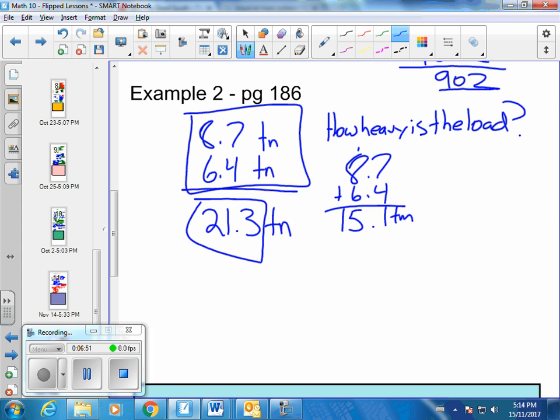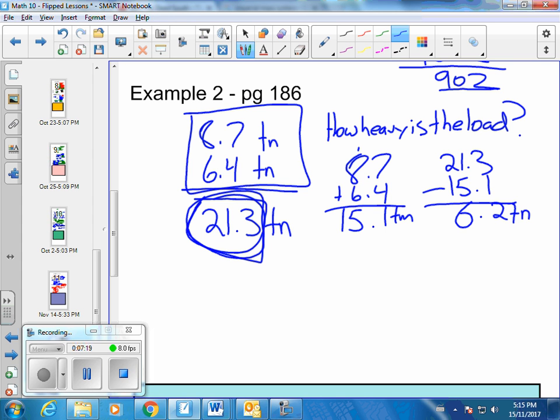Now they told me that after the truck was all loaded up, it's 21.3, so I'm going to go ahead and go 21.3 minus 15.1. I get 6.2 tons if I did my quick math right there. So I know that the load is 6.2 tons.